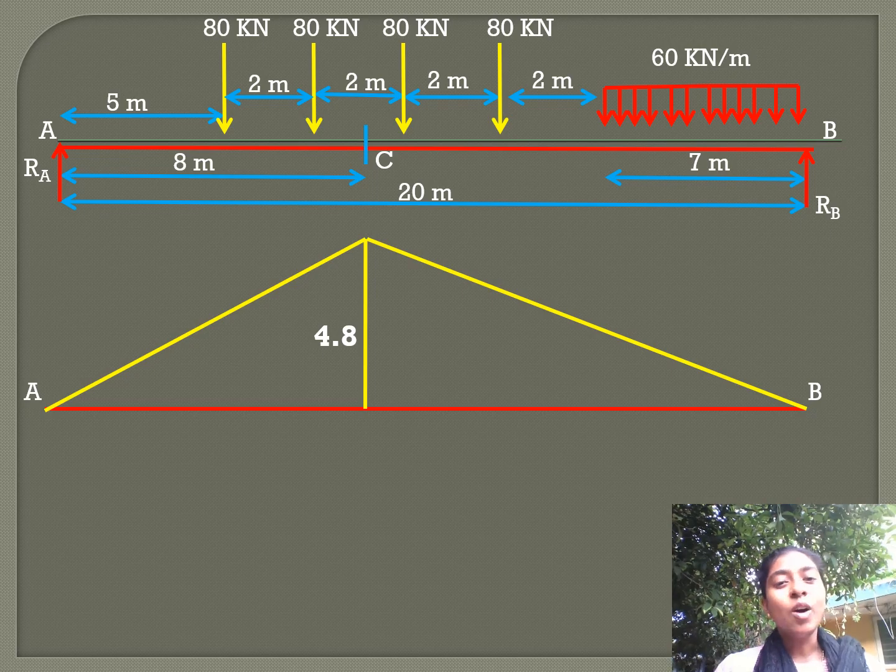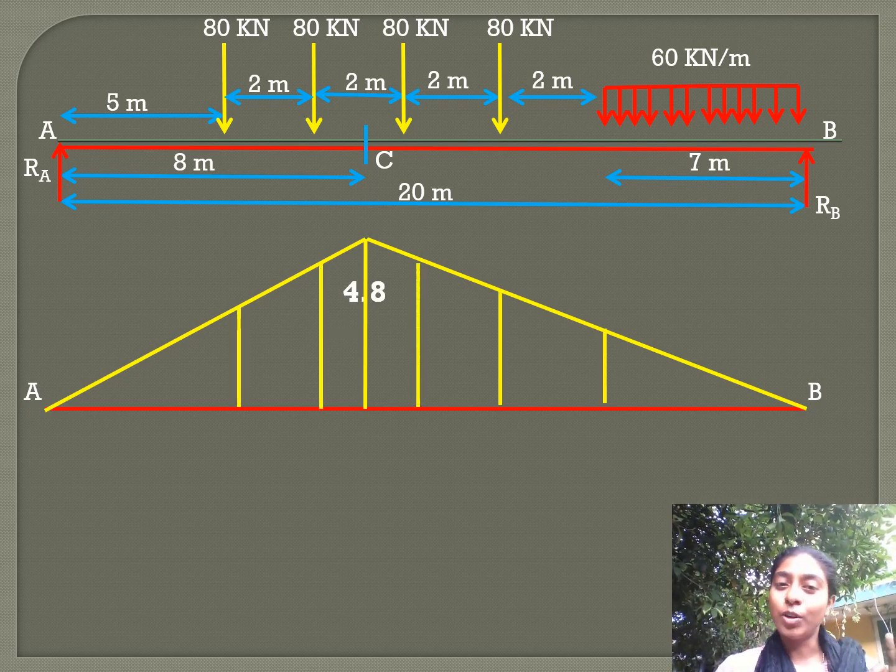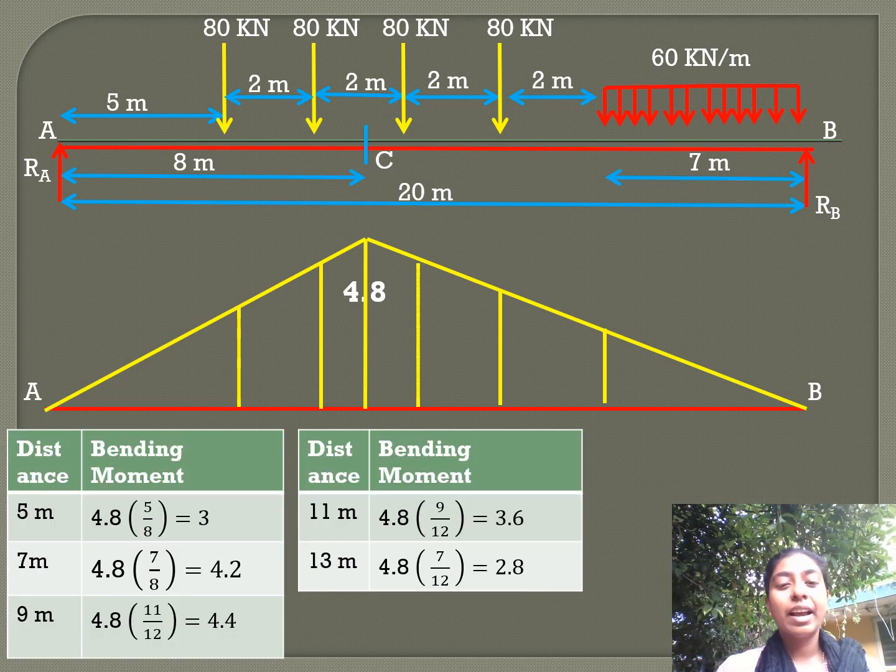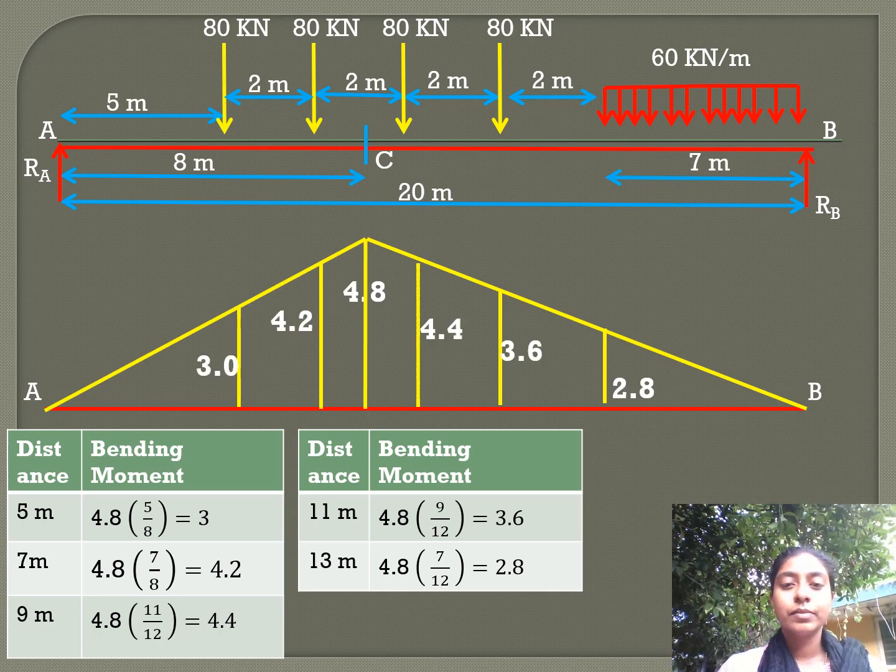Now we can draw the ordinates, and by using the similar triangle principles, we can find the values of the ordinates. So the ordinates under the loads are drawn. All are positive ordinates.